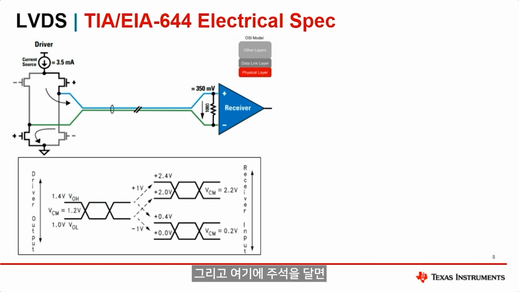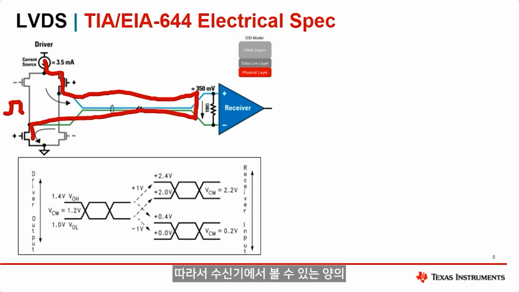And so if I can annotate on here, if you have a logic high at the input, that will cause current to flow in this direction through the 100 ohm termination resistor and then back to ground. And so this will create a positive 350 millivolt differential voltage that's seen at the receiver.